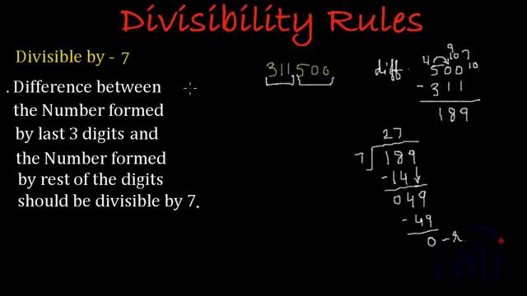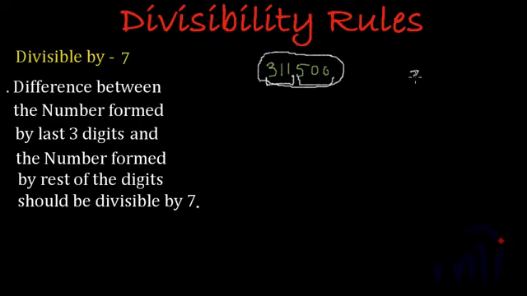And to verify our divisibility rule, we'll try and check if this number, 311,500, is divisible by 7 or not. So let's do that. We have 311,000 and then we have 500, right? We have to divide it by 7 and see whether this is divisible by 7 or not. The first number over here is 31. 7 4s are 28.